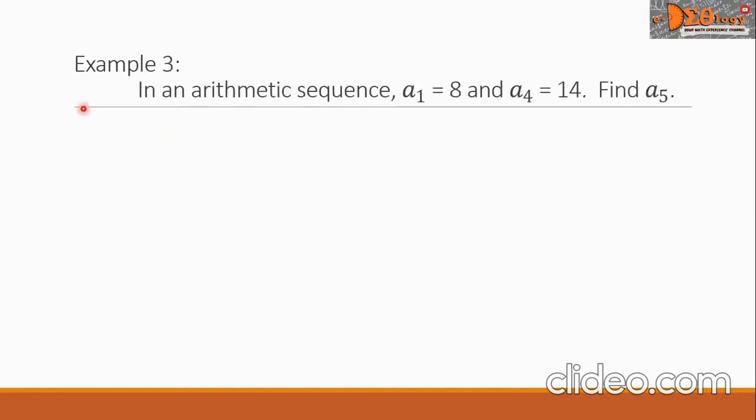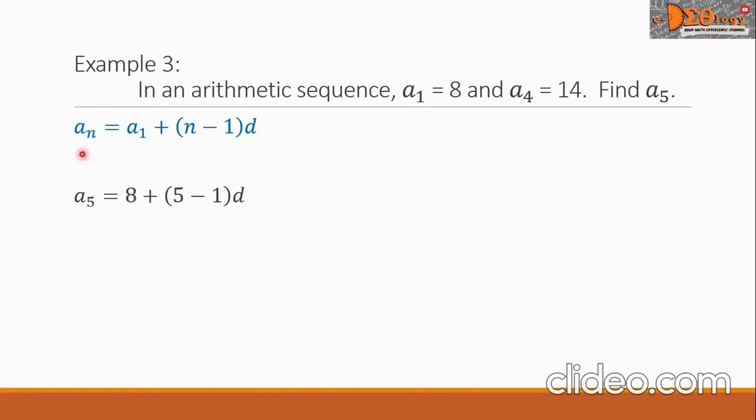Let us have example 3. In an arithmetic sequence, a sub 1 equals 8 and a sub 4 equals 14. Find a sub 5. Again, we will write here our general term formula. The required value is a sub 5.